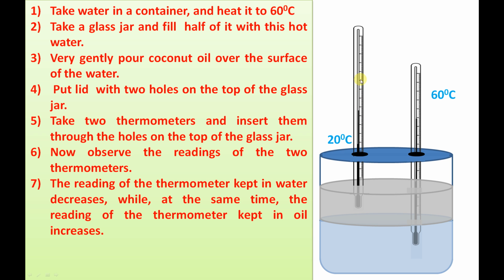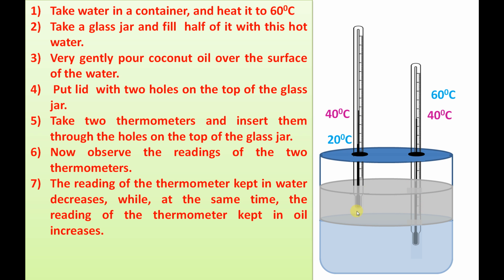Now observe the readings of the 2 thermometers after some time. After attaining thermal equilibrium between the oil region and the water region, their temperatures are 40 and 40, because the hot water and cold oil are in thermal contact and in thermal equilibrium.